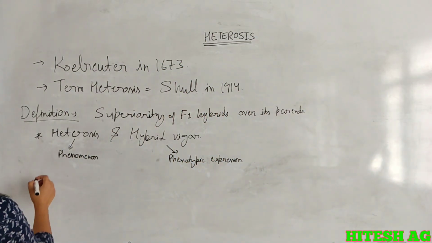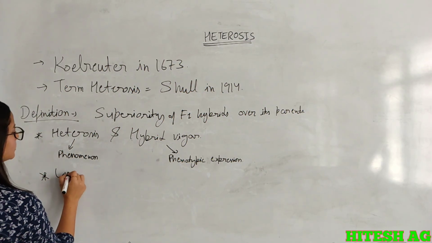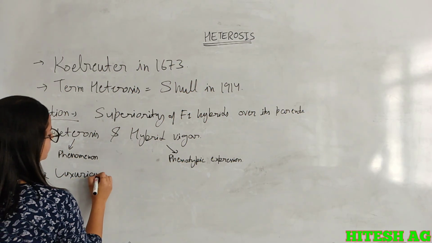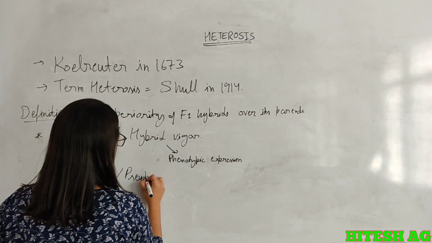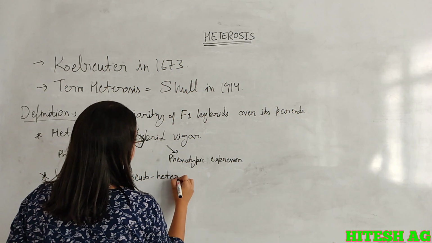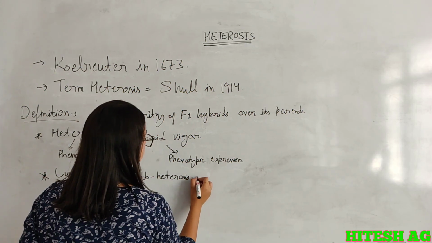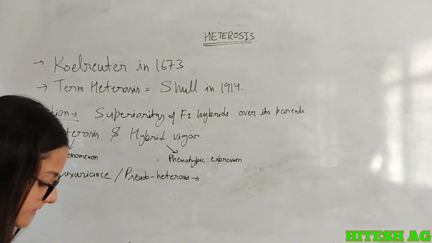Now the second important term is luxuriance, which is also called pseudo-heterosis. What is it?